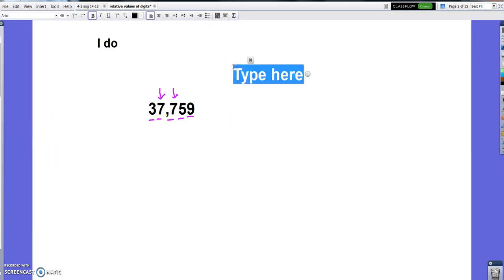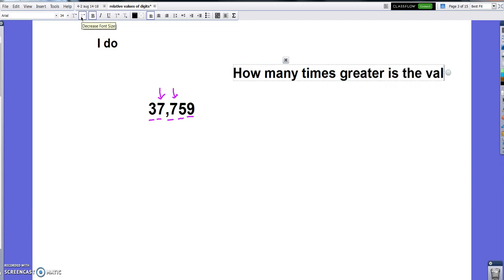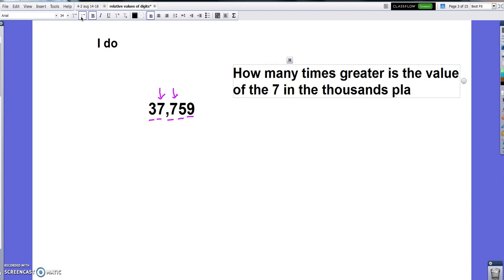How many times greater is the value of the 7 in the thousands place than the 7 in the hundreds place? How many times greater is the value of the 7 in the thousands place, that's this one, than the 7 in the hundreds place, that's this one.